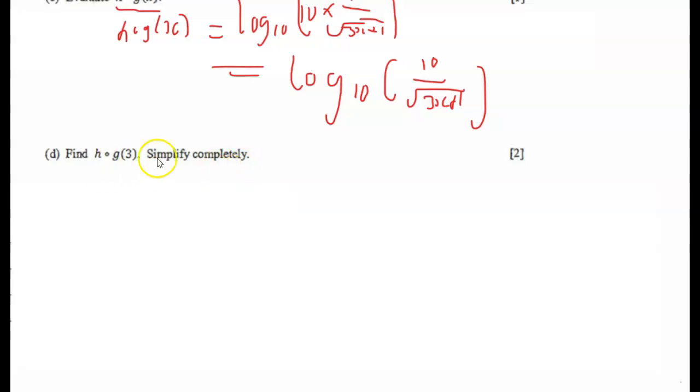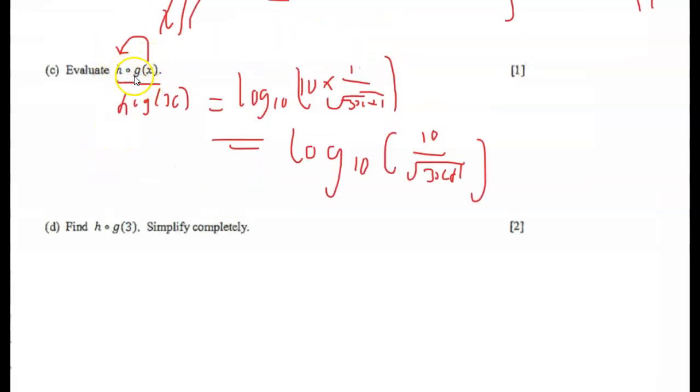Okay, so now you have to do this. They're saying we made this a composite function, but now we want you to put 3 in for x. What does this mean? Wherever you see an x, put 3. So over here the x is over here.